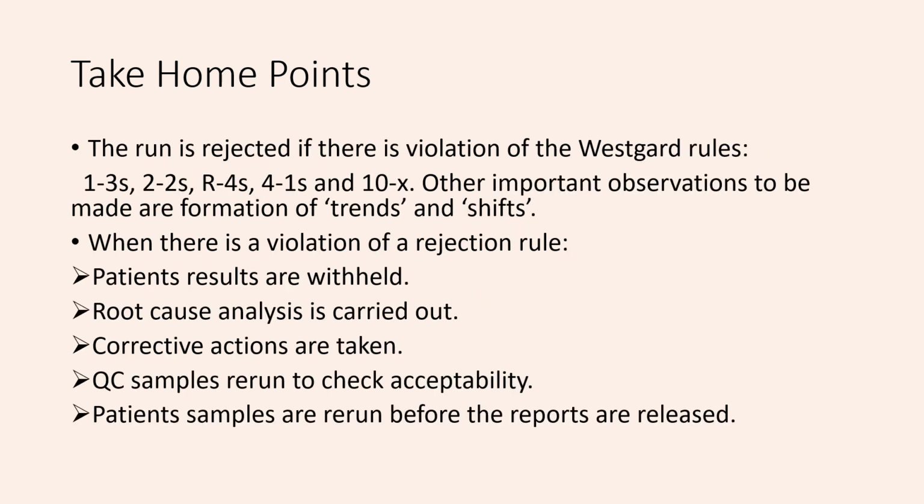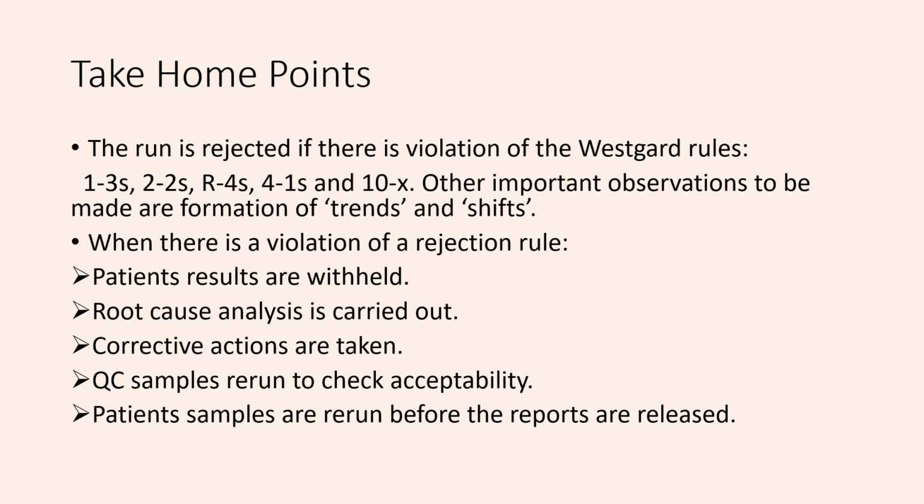The run is rejected if there is a violation of the Westgard rules, which are the following: the 1-3s rule, the 2-2s rule, the R4s rule, the 4-1s rule, and the 10x rule. The other important observations that need to be made are the trends and the shifts which could occur.